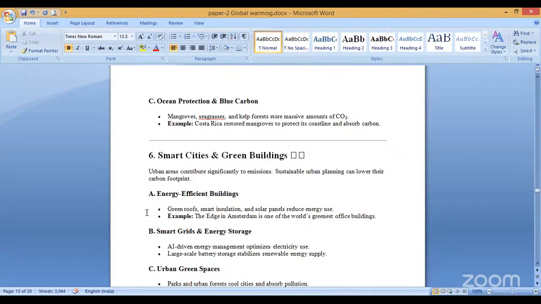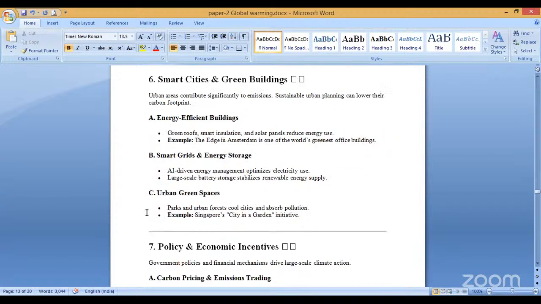The Edge is one of the world's greenest office buildings, with smart gadgets and energy resources. AI-driven energy management optimizes electricity use, and large-scale battery storage stabilizes renewable energy supply. Urban green spaces, parks, and urban forests cool cities and absorb pollution.